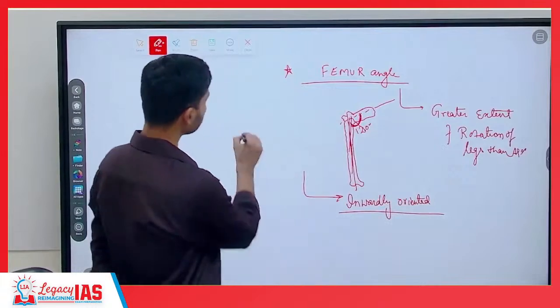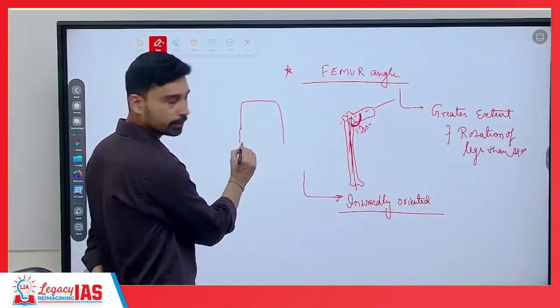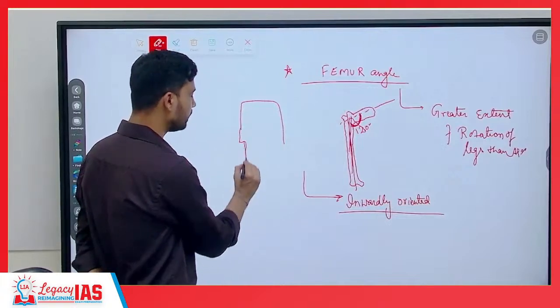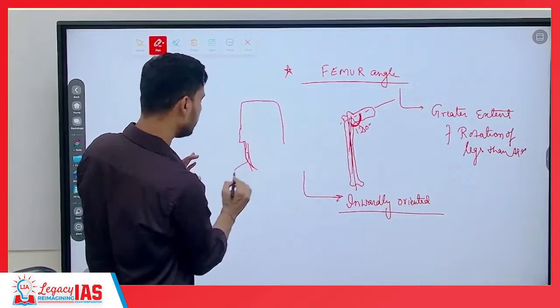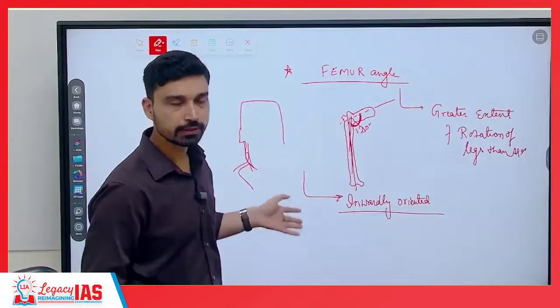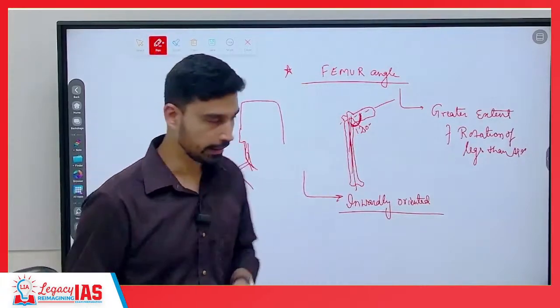Inwardly oriented means, suppose the upper body is spread in this area. If you talk about the femur, the femur is inside this entire body itself. It does not radiate in the outer direction like this. That is the case in the ape. That is why they have bent knees. They cannot have straight hind limbs.